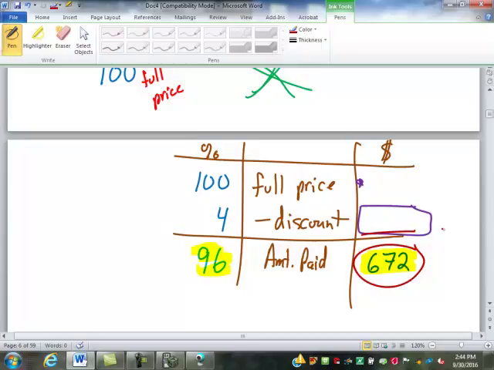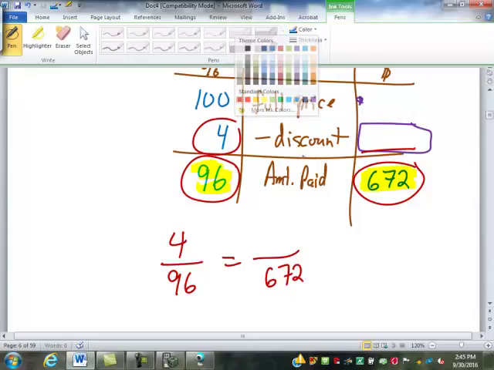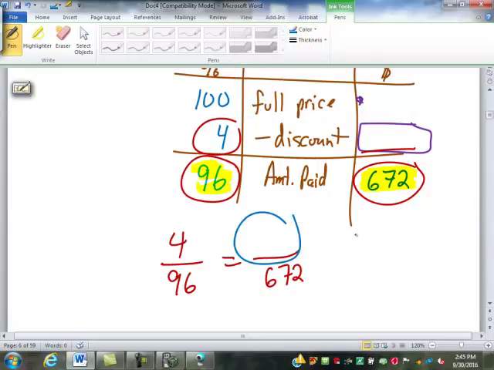We're relating that 4% to the other 96%, which is what we paid. So here we can set this up. 4% discount relates to the 96% paid in the same way as the $672 paid is going to relate to the dollar amount that we saved. Now this confuses a lot of people. It's a percent problem, but there isn't a 100 on bottom.